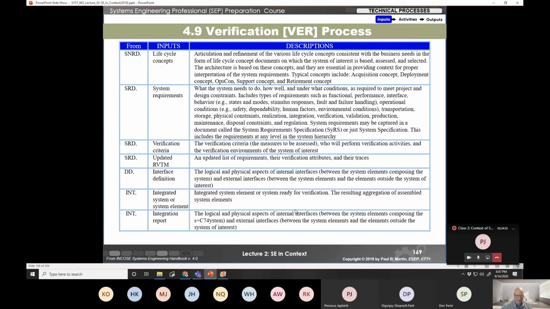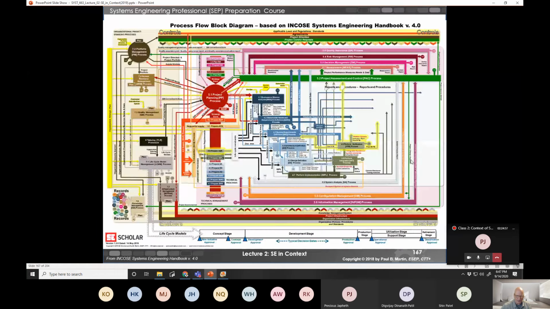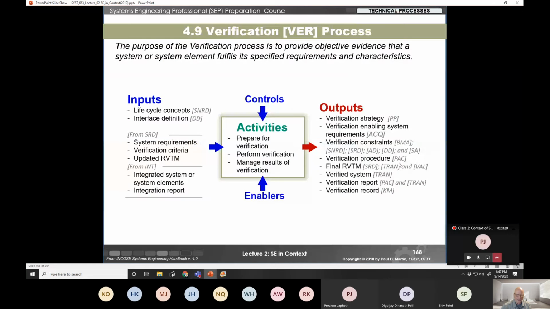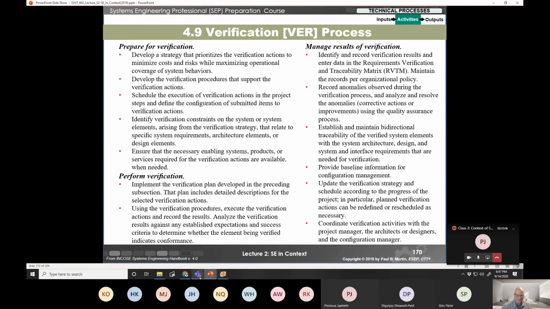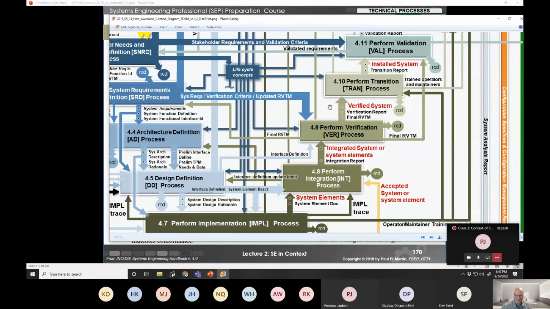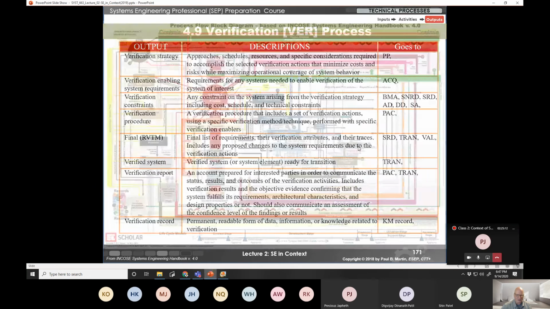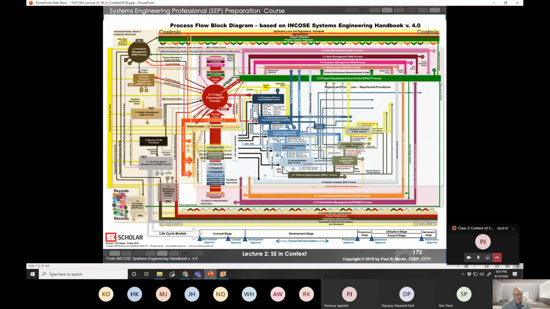And notice that one of your outputs of this is your actual verified system. It's coming out of this. You can see it here too, verified system. It's working.